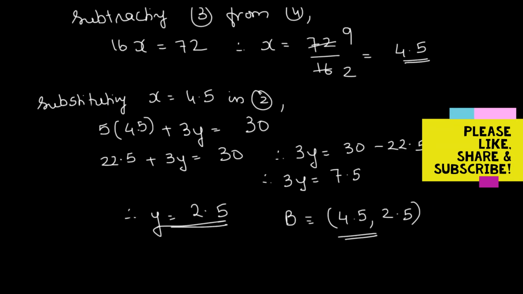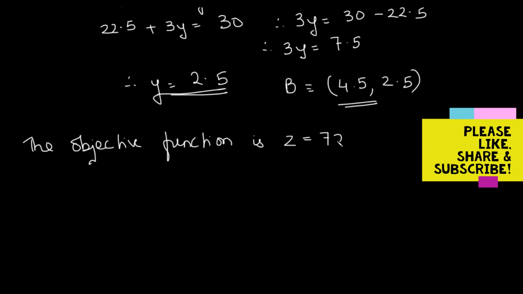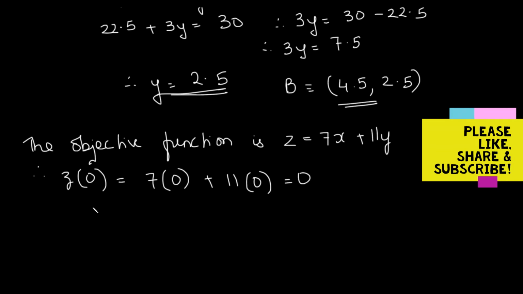Now, let us put all this in the objective function. The objective function is given as z is equal to 7x plus 11y. And therefore, we have z0 is equal to 7 into 0 plus 11 into 0, which is coming as 0.